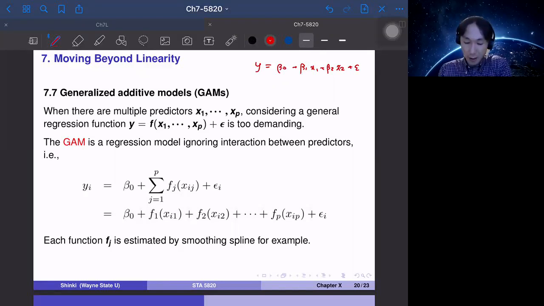But sometimes the relationship is not linear, so Y equals beta naught plus beta 11 x1 plus beta 12 x1 squared plus beta 2 times the square root of x2 plus epsilon.